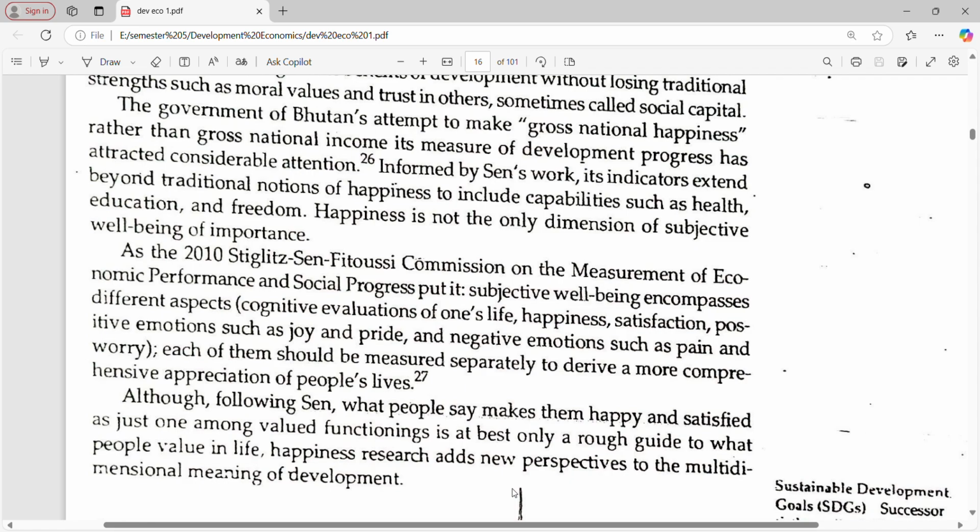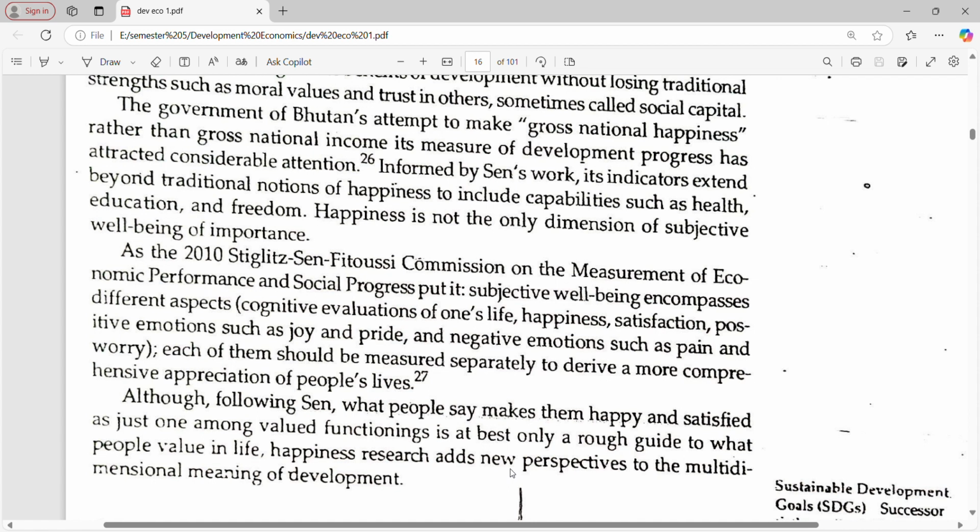So this Stiglitz-Sen-Fitoussi Commission, more commonly known as the Commission on the Measurement of Economic Performance and Social Progress, is a commission of inquiry created by the French government in 2008. This inquiry examined how the wealth and social progress of a nation could be measured without relying on the unidimensional GDP measure.